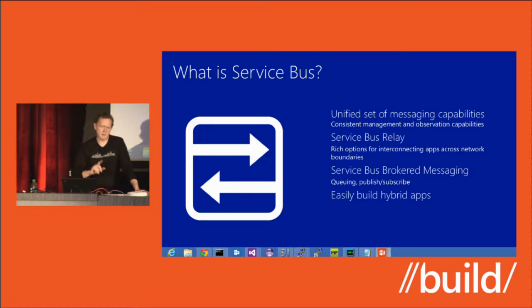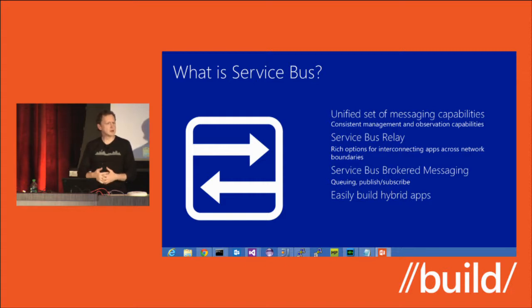So the two halves of Service Bus. First of all, the relay. The relay is the Service Bus entity that provides the direct messaging capability, and it's really useful for interconnecting applications across network boundaries. And then the brokered messaging capabilities, they provide message queuing and publish and subscribe messaging.